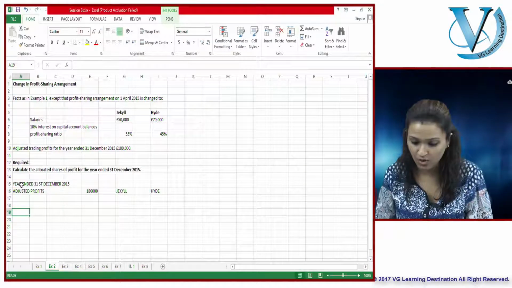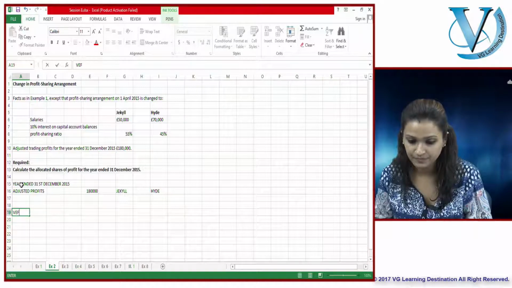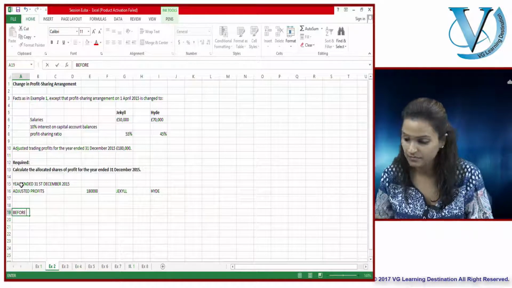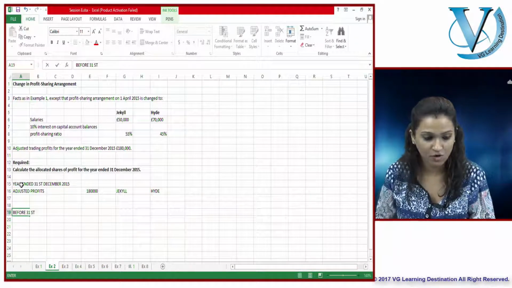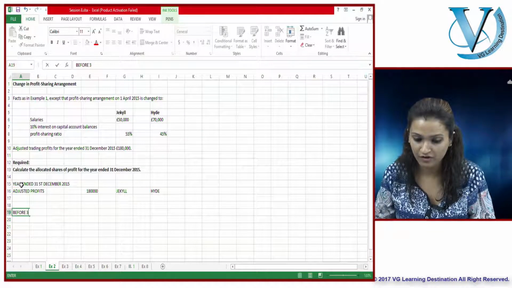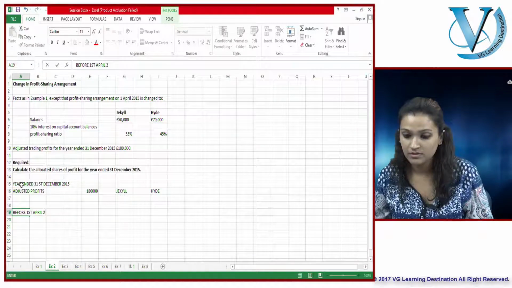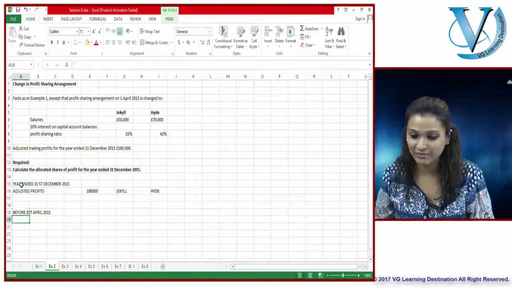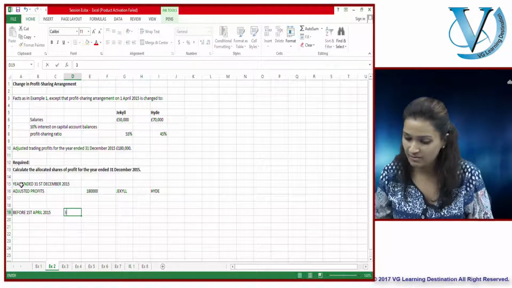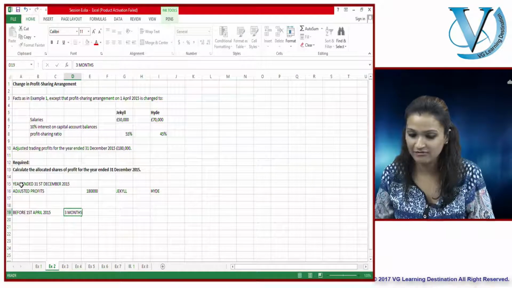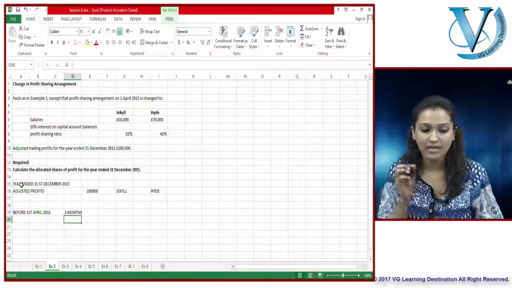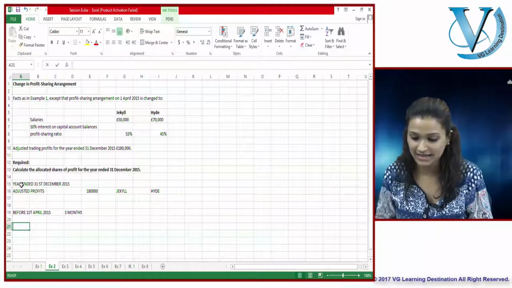So what do we need to do? Before the 1st of April 2015, that is a period of 3 months. What happens? Everything gets time apportioned for 3 months. How much are the salaries to start off with?